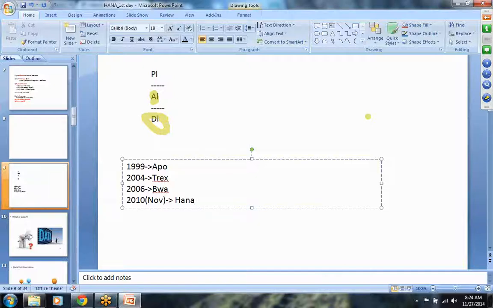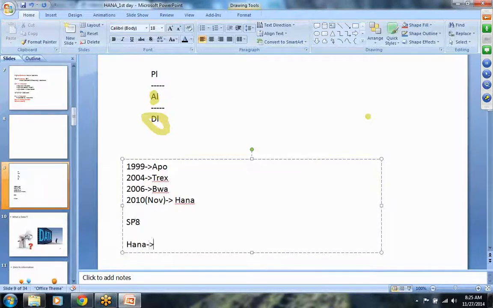So why APO failed, why TREX failed? BW is still fine, but APO had its own drawbacks. So they had to come up with a new product. So in 2010 November, they came up with full-fledged SAP HANA. And the latest version which is available in the market is Service Pack 8. But what is the version that you are learning?